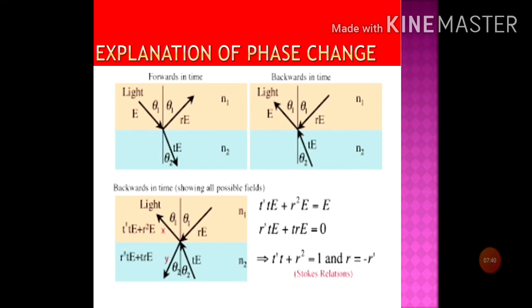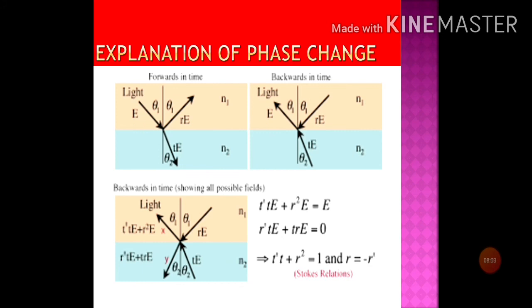That is again due to the principle of optical reversibility. Now by using these two equations we can find the Stokes relations as written here. The first relation is T dash T plus R square is equal to 1, and the second, very important relation is R is equal to minus R dash.